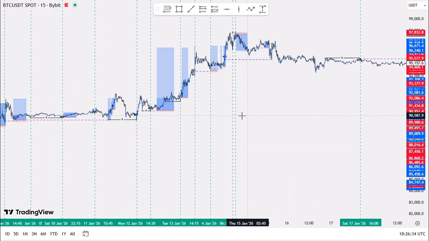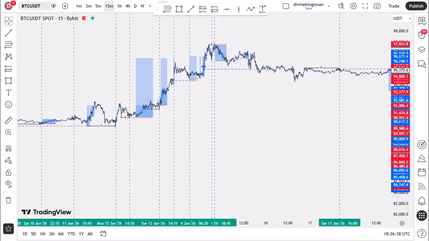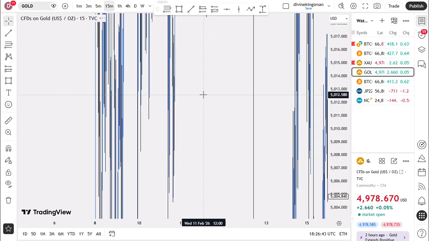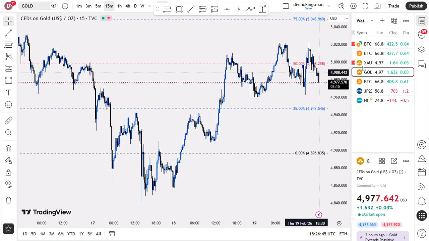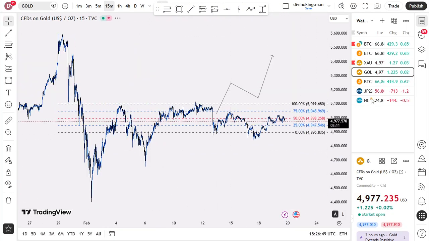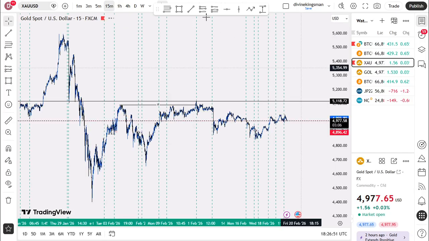Okay, I think it's gold, because it was gold that has been creating all-time highs. Yes, it was actually on gold. Okay, yes, I've seen it. So yeah, this is it.